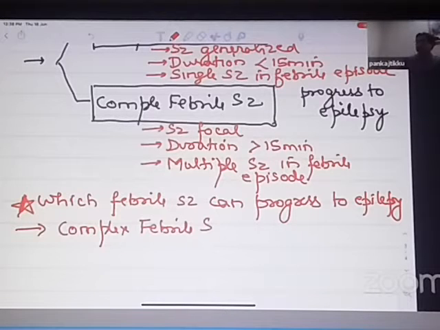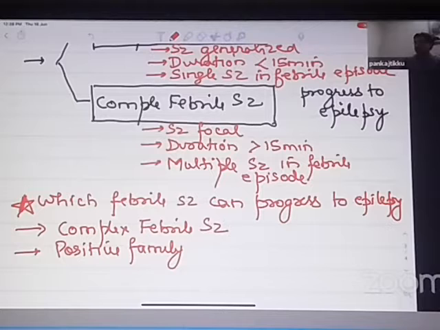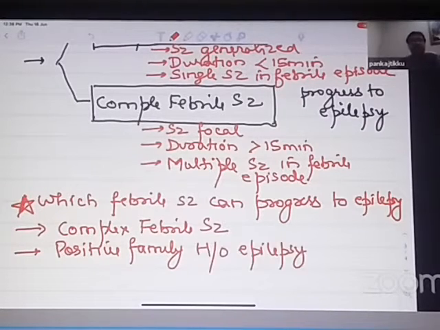Then second, if there is a positive family history of epilepsy, this can also progress to epilepsies in the future. And the third is if the child has a developmental delay.